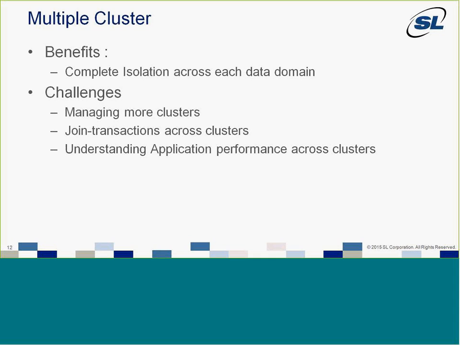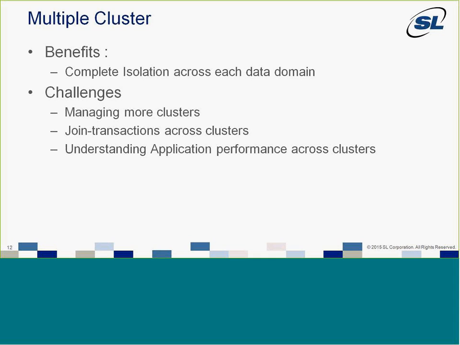So data segments definitely need to be separate from a mutating perspective or join perspective, or you have to then do them in the client, which is a challenge and not very scalable by nature. And then there's the issue of understanding application performance across clusters. Since each application is now connecting to multiple different clusters, you now need a tool that will allow you to say, what is this app connected to?